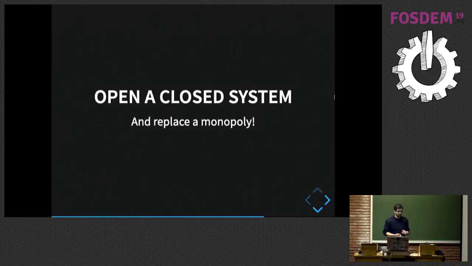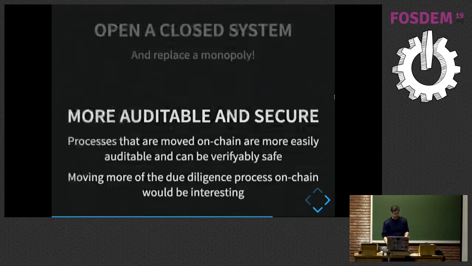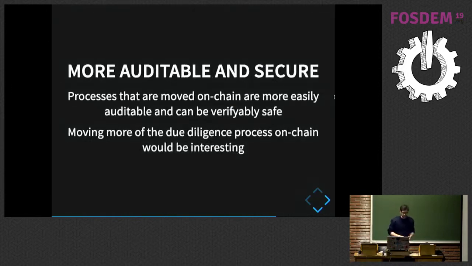First of all, it's opening a closed system, which is most of what other similar blockchain projects would be doing, replacing the monopoly of graphs, notably. It's doing things more auditable and secure. As you move processes on chain, you can audit and verify them. We can think about moving the verification process more on chain. That would be an interesting topic.